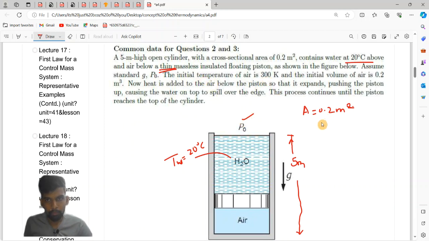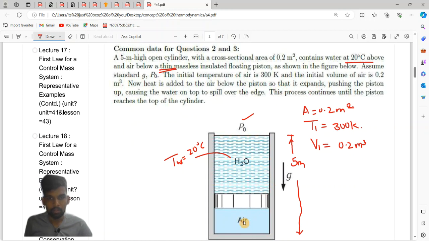So the initial temperature of air, at state 1, is 300 Kelvin, and the initial volume of air, V1, is 0.2 meter cube. Now what is happening is that heat is added to the air below the piston so that it expands.